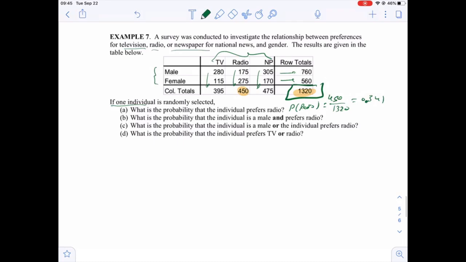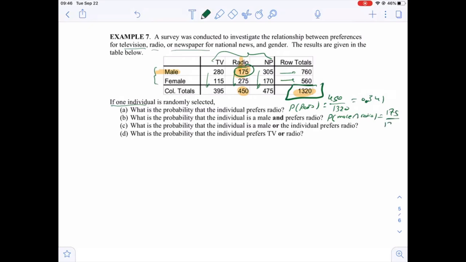Okay. So here, what is the probability for part B that the individual is a male and prefers radio? Male and prefers radio. That means I write probability of male, and prefers radio. So that's how many?